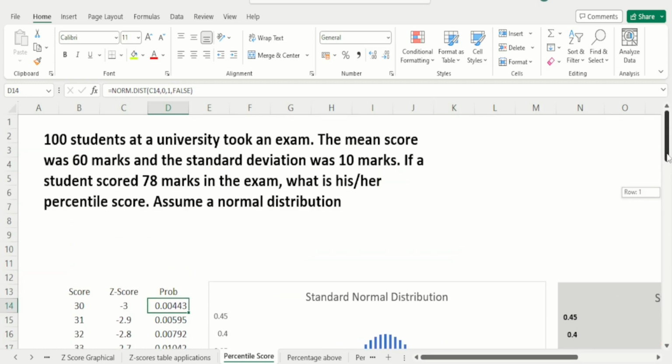So now back to the question we were at. There were 100 students at a university who took an exam, the mean score was 60 marks and the standard deviation was 10 marks. If a student scored 78 marks, what is his or her percentile score? Assume a normal distribution. To address this, we first have to understand the z-score of 78 marks.